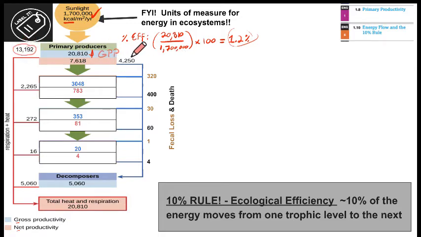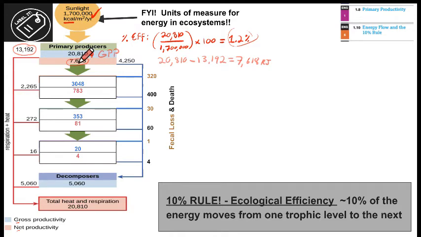So in order to do that, I would take my 20,810 minus 13,192, and that should give me 7,618 kilojoules there. Okay, and that's where this number came from.